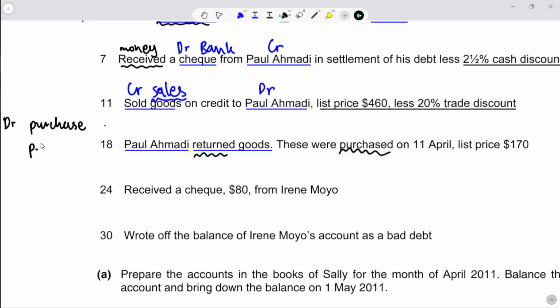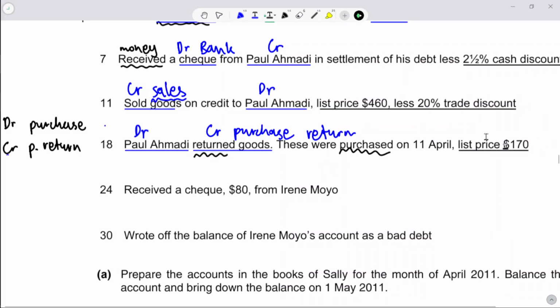So for purchase return we flip lor. So we credit the purchase return. Then if there is one credit, the another one will be debit. Then this one we will do later lah.